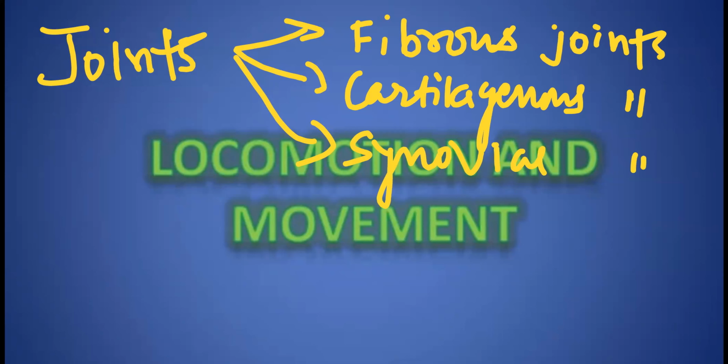Joints, the points of contact between bones and cartilages, where 2 or more bones are meeting, or where bones and cartilages are meeting each other, these points are called joints. Whenever the body wants to show locomotion and movement with the help of muscles, muscles will generate the force for the movement, whereas joints shall act as the fulcrum points.